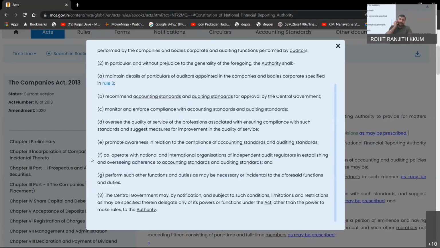Do you know about the IFRS? It is International Financial Reporting Standards. Do you really think that accounting standards applicable in India are compatible with the international standards? No. So it is the function of NFRA to coordinate with international organizations.